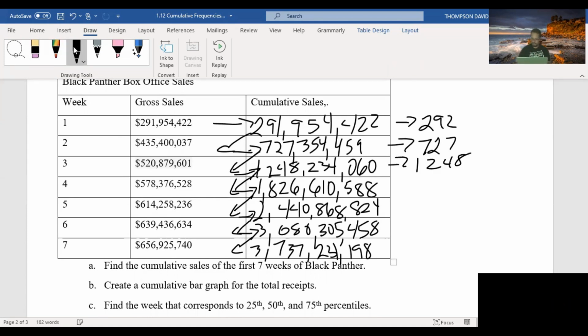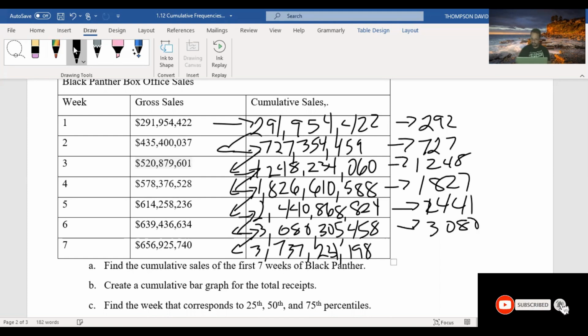We'll round this one to 1,827. We'll round this one to, sorry, 2,441. We'll round this one to 3,080, and we'll round this one to 3,737. So let's start making our bar graph.